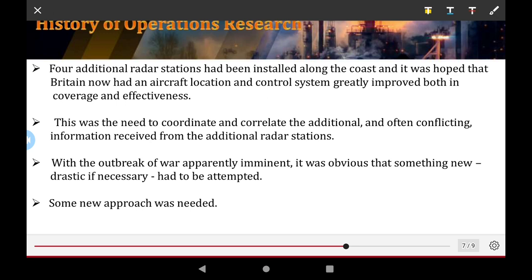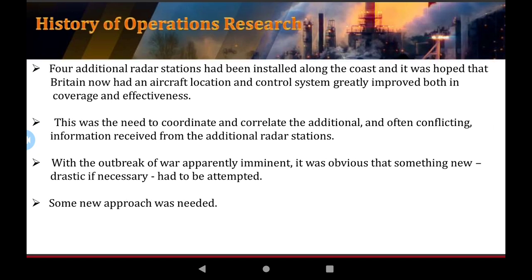Some new approaches are needed for operation research. It is a very new discipline, about 70 years old, which started during the Second World War.